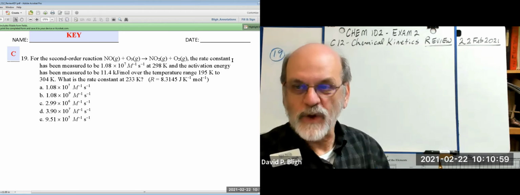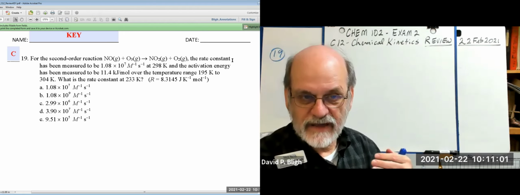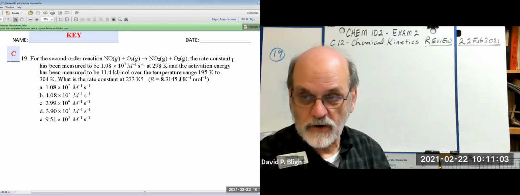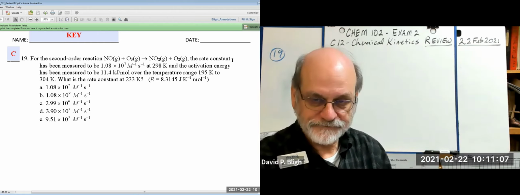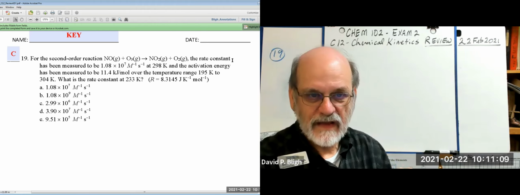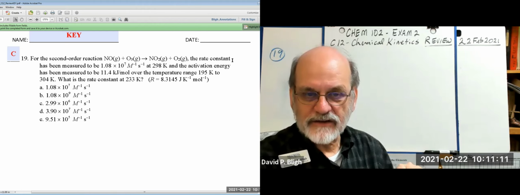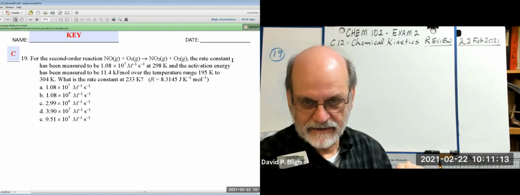Right, so we're within that range. That means that the activation energy is virtually constant for that temperature range. What's the rate constant at 233 K?